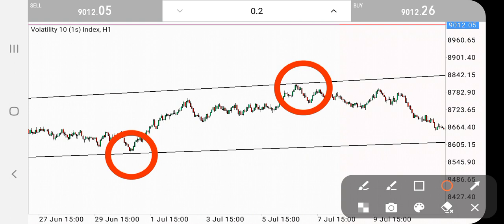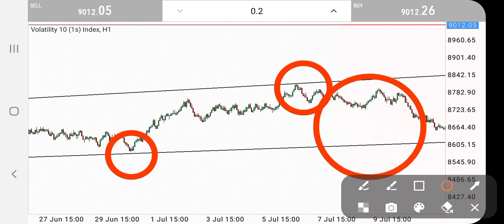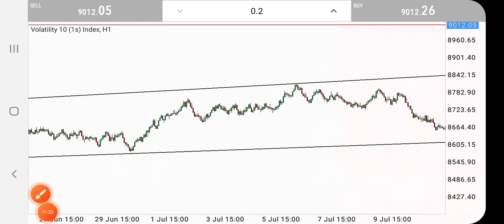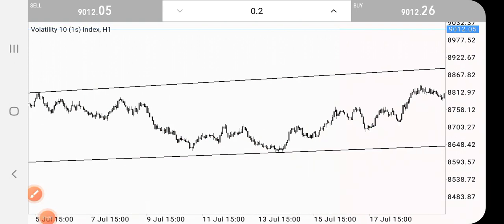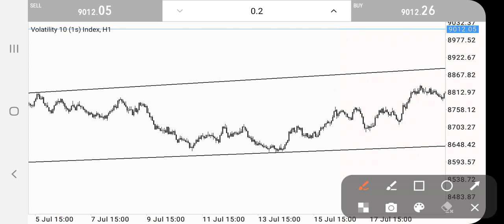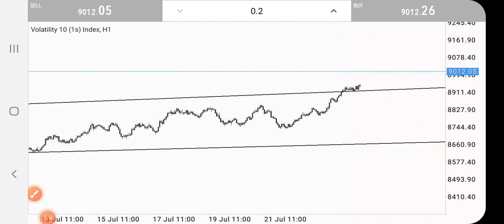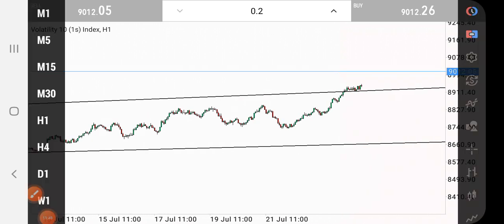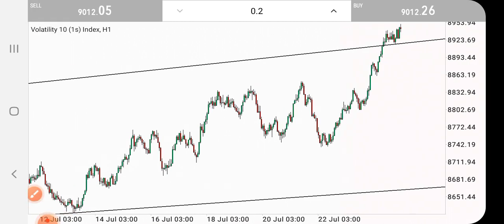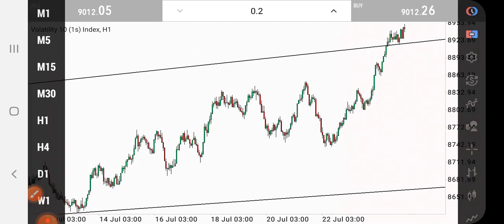This is how we see the market doing. This is our trend line. It came back to hit our trend line, then it went up.